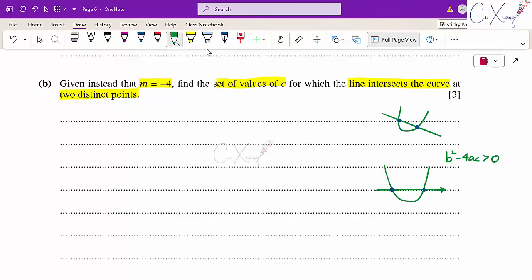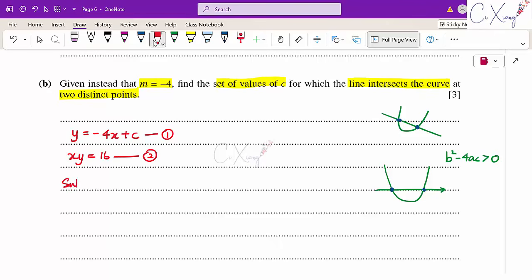Alright, so I want to apply the same thing here. Then let us start again. My original equation is y equals mx plus c, right? But now they say m is negative 4, so I have y equals negative 4x plus c. This is the first equation. Then my curve equation remains the same, xy equals 16.